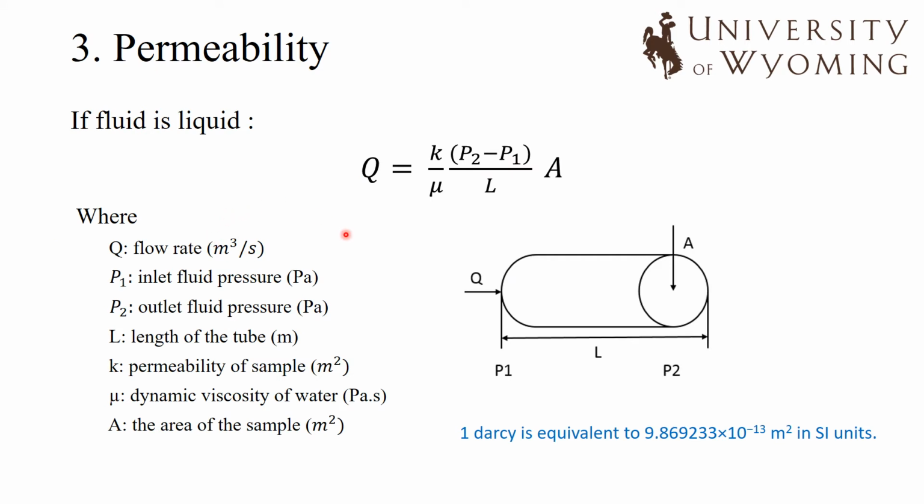In order to measure the permeability, we use Darcy's law to correlate the flow rate through our core to the pressure drop across the core. By pressure drop, I mean the pressure at the entrance and outlet of the core. This relationship also has the effective permeability of the core to one fluid divided by the viscosity of this fluid, the length of the core, and A, the cross-sectional area perpendicular to the direction of fluid flow.